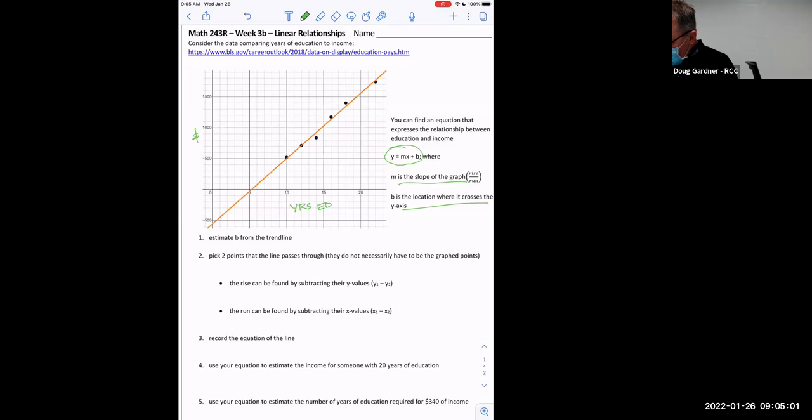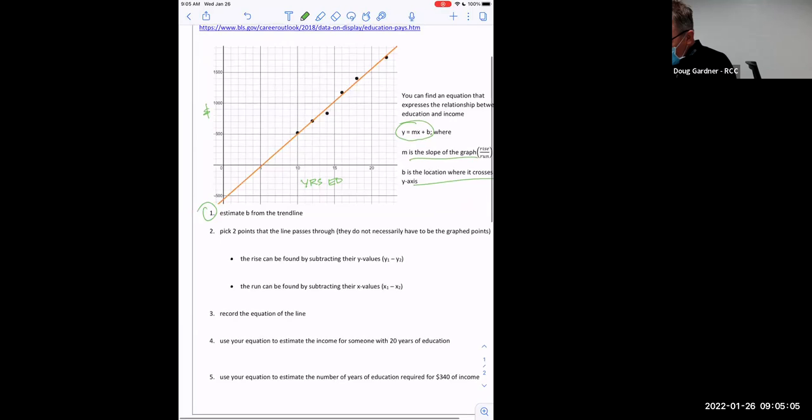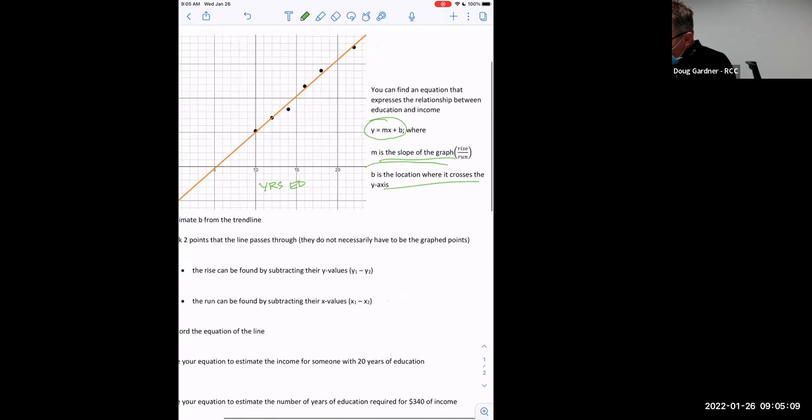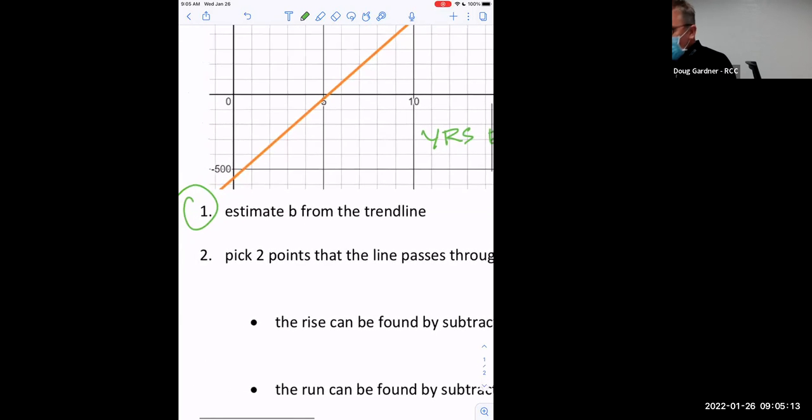I mean, what would you say, as I said right here, estimate B from the trend line? The B is the location where it crosses the y-axis. What do you think that is right there? I can't tell perfectly, but what would you say? What would you say is the point where that crosses right there? What is each box worth?